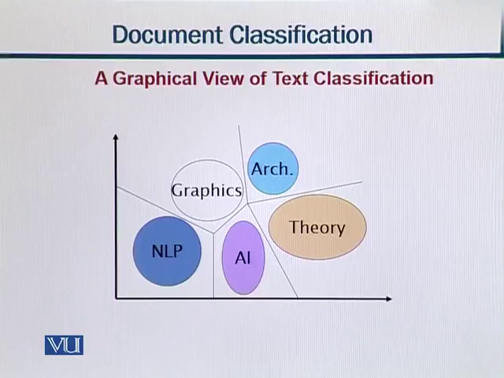These are the natural language processing area, then the artificial intelligence area, graphics, architecture, and theory of different things in computer science. How are these related? For example, we will take help of rules and grammars from AI and the theory of automata, and graphics is for display purposes, and architecture is to make systems which are very compact and fast for understanding NLP applications.